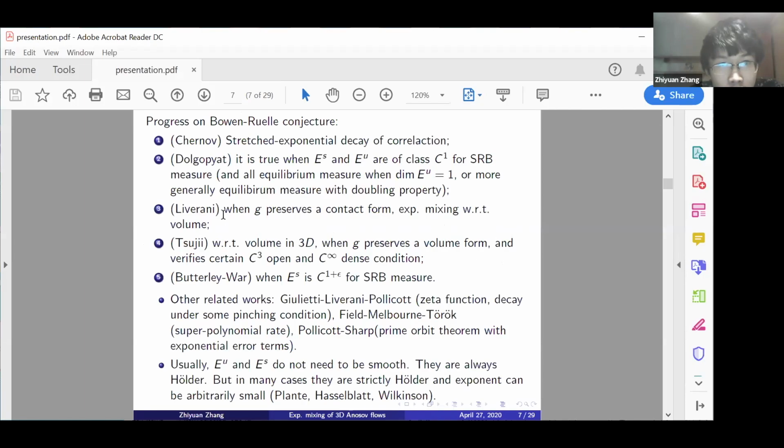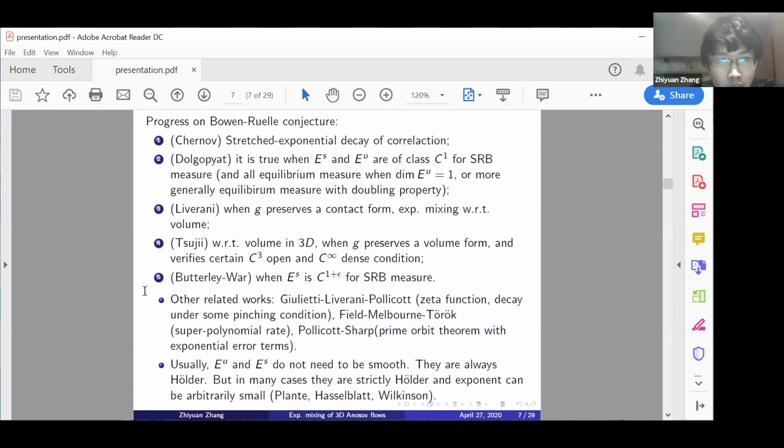And then Liverani showed that when g preserves a contact form, then you can show exponential mixing with respect to volume. When g preserves a contact form, it is always mixing. And Tsujii showed that in three dimensions, when g preserves a volume form and verifies a certain C3 open, C infinity dense condition, you can show exponential mixing with respect to volume.